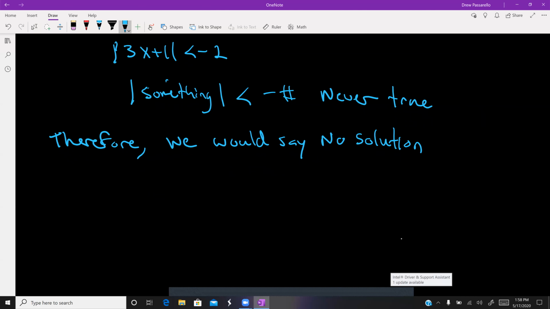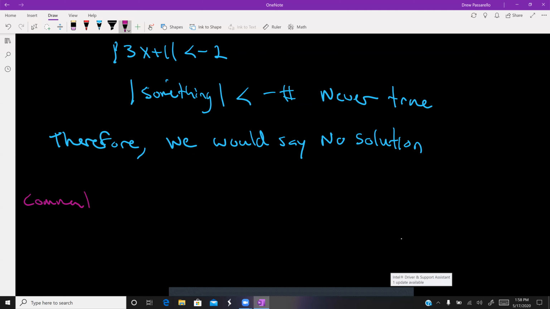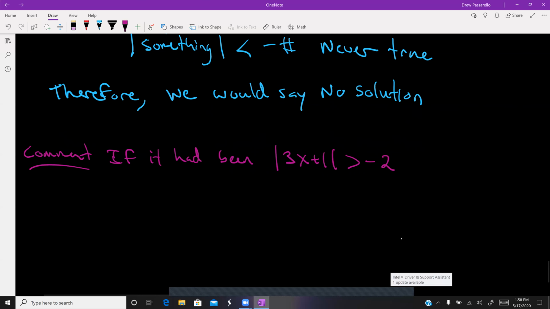Now, I'm going to continue this in a part 3, but before I move on, I will make another comment. If it had been, let's say, the absolute value of 3x plus 1 greater than -2, we would say that this is always true. It doesn't matter what x is, it's always going to be true, since absolute value is positive.